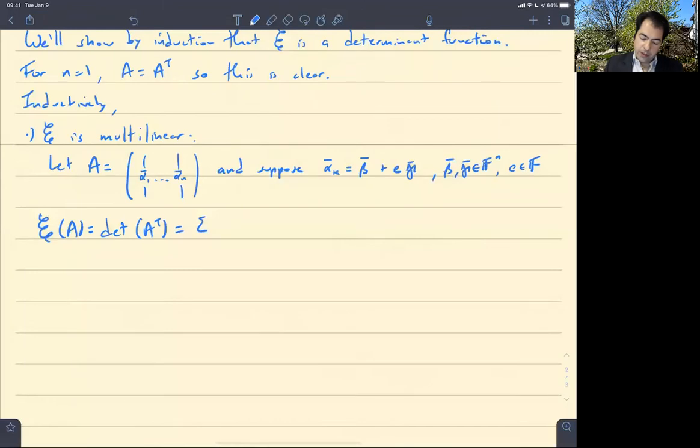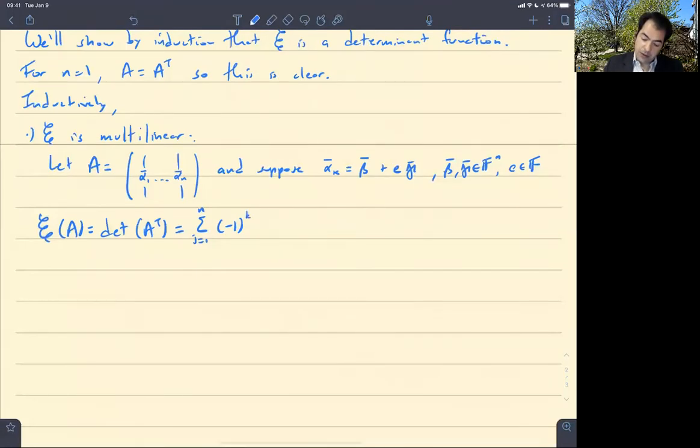So I'm going to use the Laplace expansion. I do care which: I'm going to use the I equal to k.